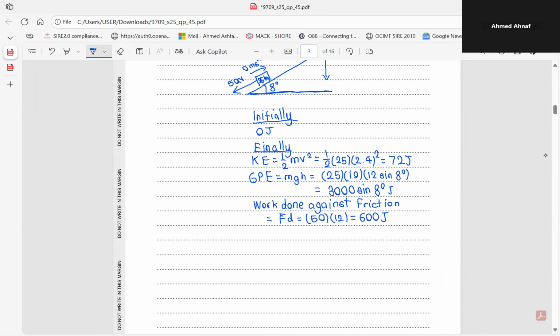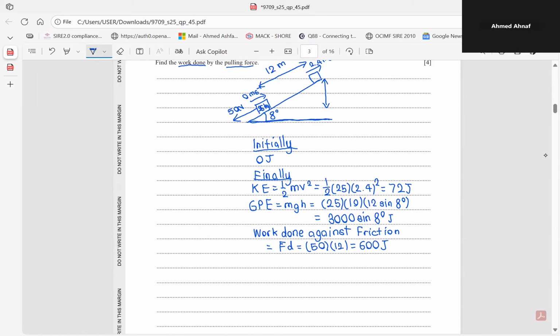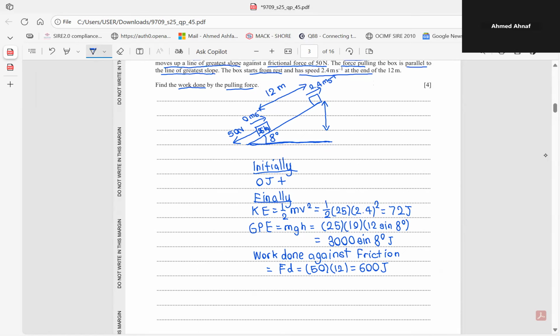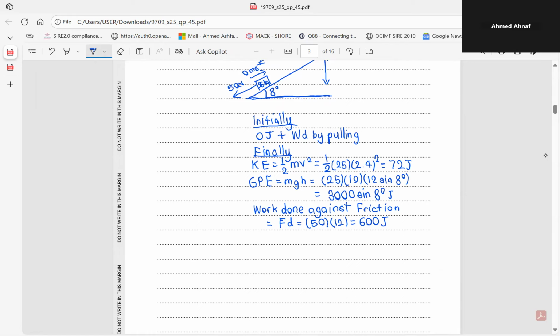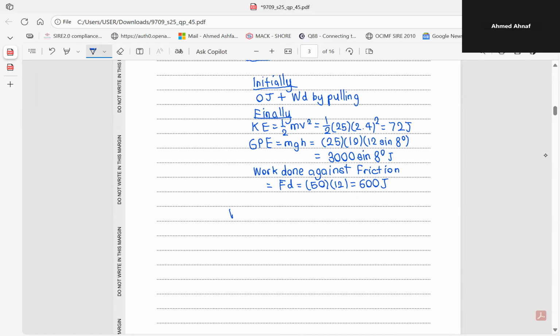Okay, so initially we must have the energy, and that energy would be the work done by the pulling force. So we're just going to equate these two. Hence, work done by the force would just be the sum of all these that we computed.